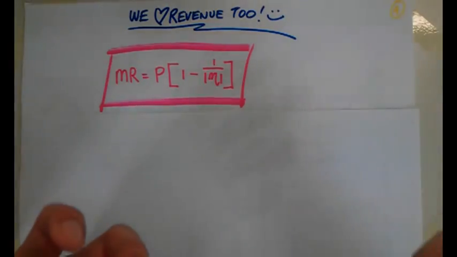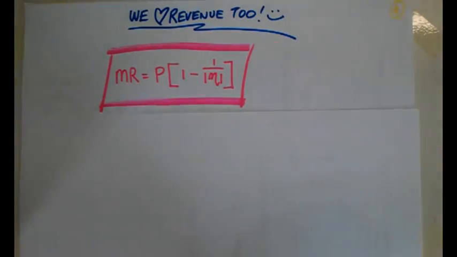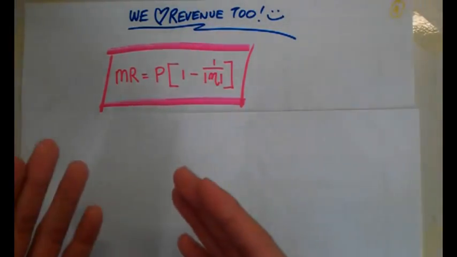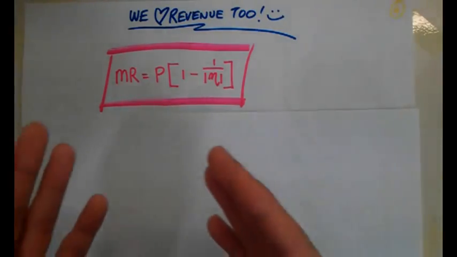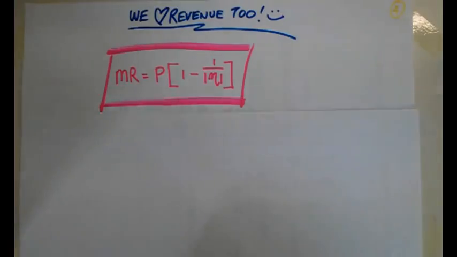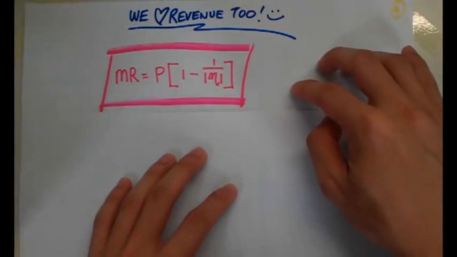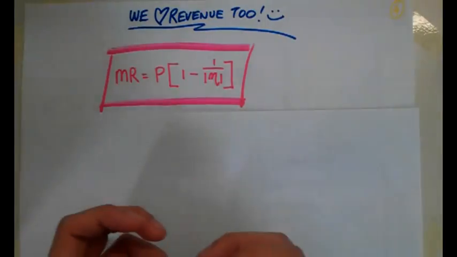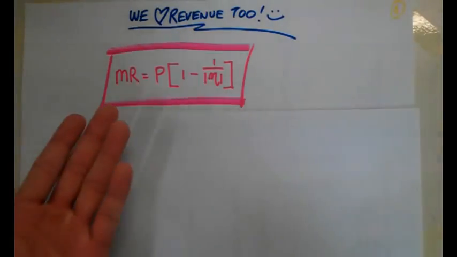Repeat after me: MR equals price multiplied by 1 minus 1 over the absolute value of PED. Now if I play around with the PED, it will give me very different results for my MR.